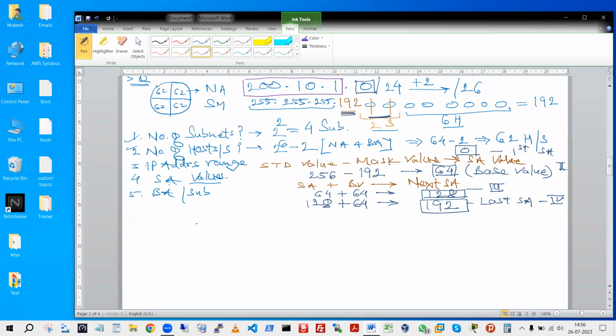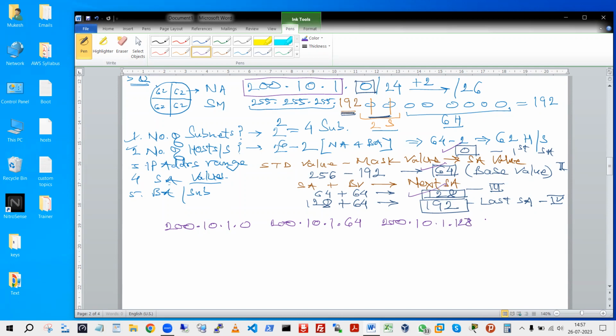So when you write the complete subnet address value, the first subnet address will look like this: 201, that's the constant network part. My first subnet address, this 0 in the last octet. This is the first subnet address. My second subnet address will be 201, last octet, this is 64. Next subnet will be 201, this 128.